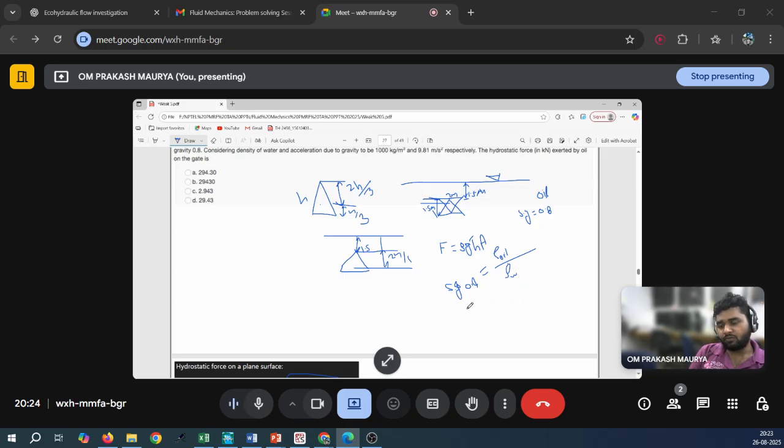So this is 0.8 and the water density is 1000. So here is 1000. Actually, a standard liquid we consider for calculation; if it is not written relative specific gravity or something, and only specific gravity is written, always consider the water, that is 1000. So 0.8 into 1000 you will get 800.